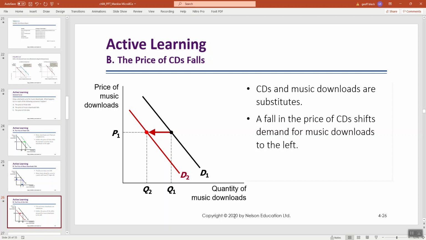If the end game is just to be able to listen to the album, and there are two options, download it or buy a CD, then if the price of CDs falls, it changes the quantity demanded for downloads and shifts the curve to the left because you can substitute and buy CDs. So I hope that makes sense.